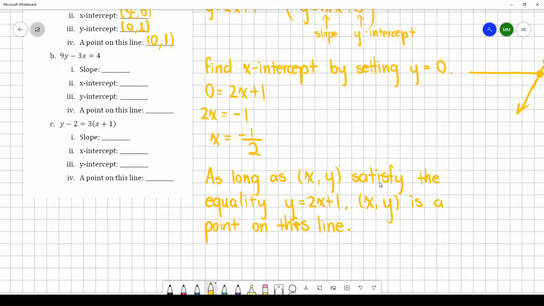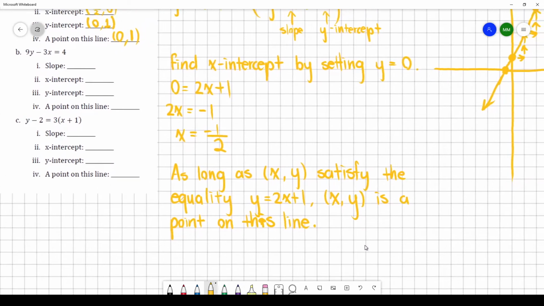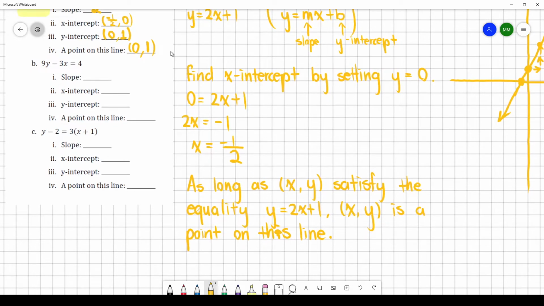So let's say x is 3, then y will be equal to 7. So (3, 7) will be a point on this line.